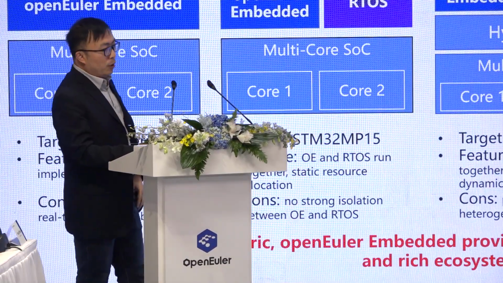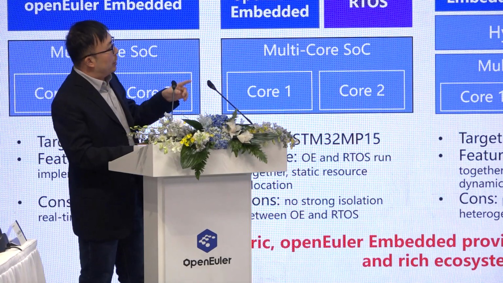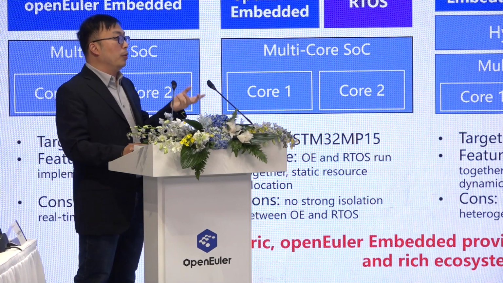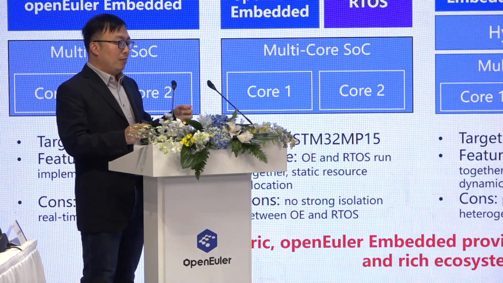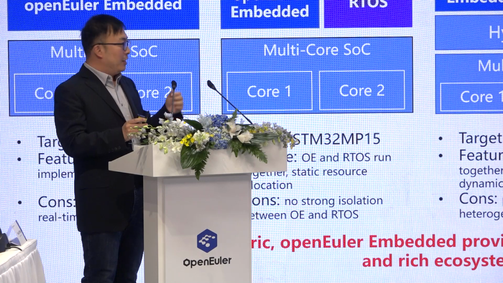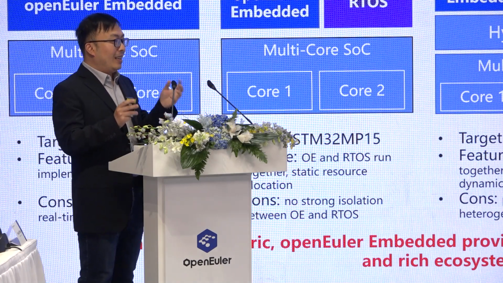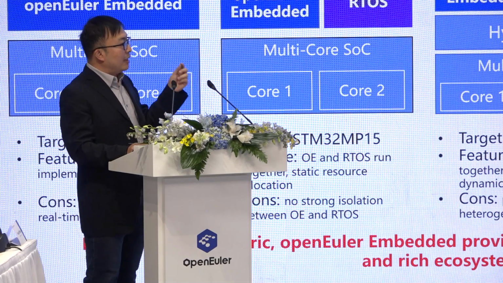Next are the running models of openEuler. There are 4 models: single model, AMP model, virtualization model, and the fusion model. And the single model is the most popular one. You just have one OS to fix most of the problems. But as I said, if you use embedded Linux, you can't get real-time safety and reliability. So the other 3 models are designed for this.